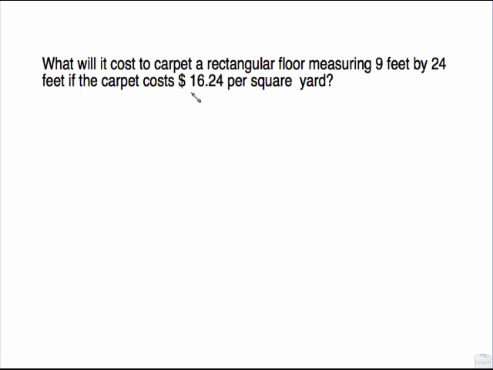What will it cost to carpet a rectangular floor measuring 9 feet by 24 feet? Let's draw this in. 9 feet by 24 feet. If it costs $16 per square yard. We had one of these last section.